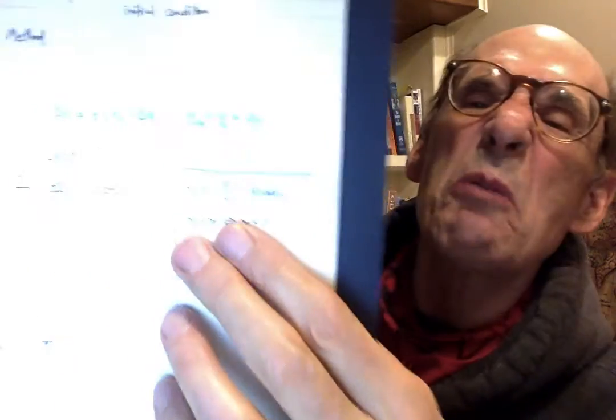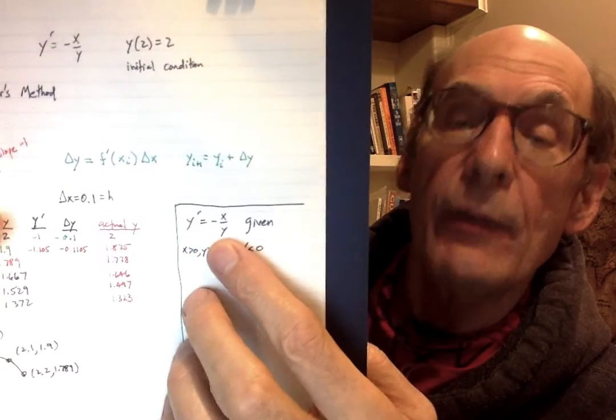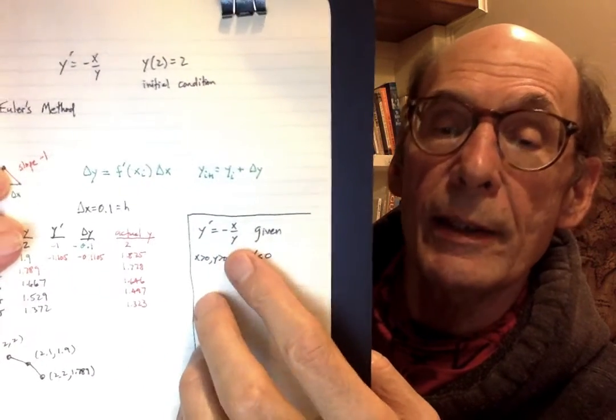The other thing that we can do is the concavity, and this is a little fancier. We have to use the chain rule in implicit derivatives because y is a function. So what we want to do here is we're given y prime. So to get y double prime, we just take the derivative of this, but we have to keep in mind that y is a function. So let's do that. That's a quotient. So y double prime is negative.